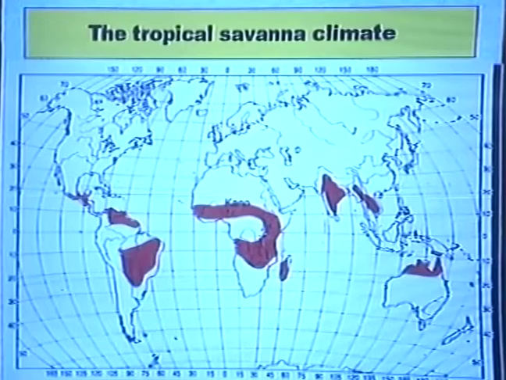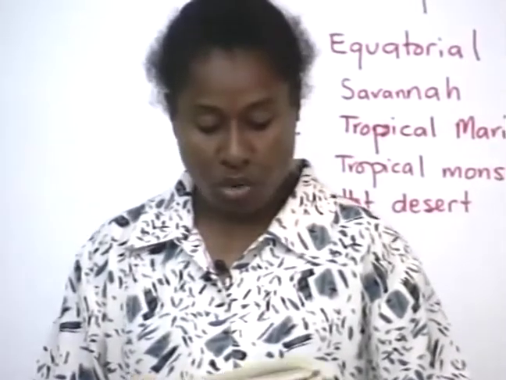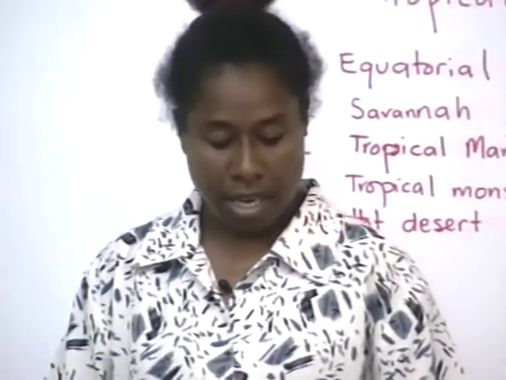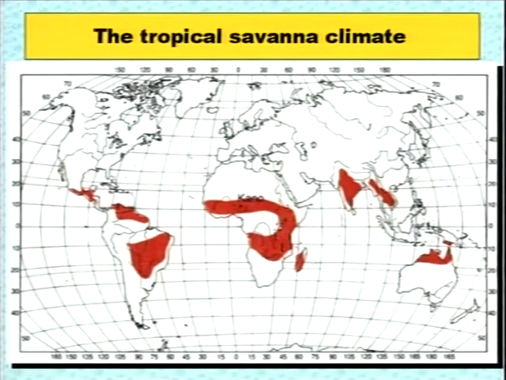If we had to be specific with the names of those regions, you have the northern part of Australia, the central areas of India, and the inland parts of Southeast Asia, central, northern, and eastern, and also central southern Africa, the Guyana Plateau in northern South America, and the Brazilian Plateau of South America are some of those regions in the world that experience the tropical savanna climate.